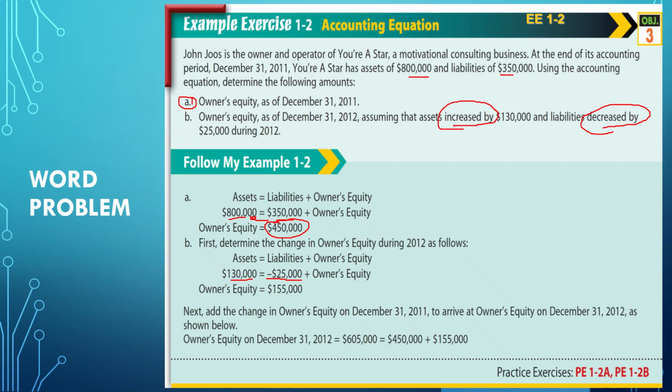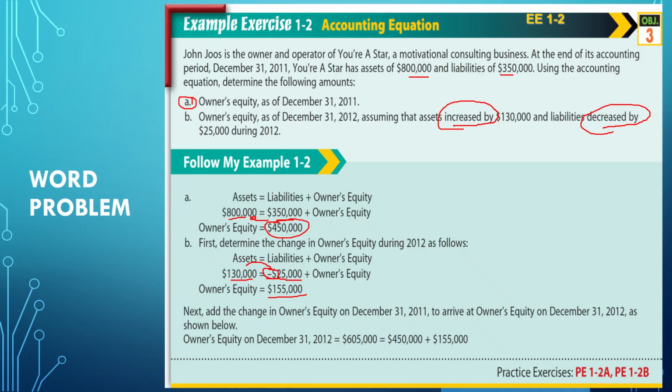We transpose this to the other side, right? If it's a negative sign, that becomes positive when we transfer it to the other side of the equation. So that becomes 130 plus 25. Therefore, the owner's equity change is 155.